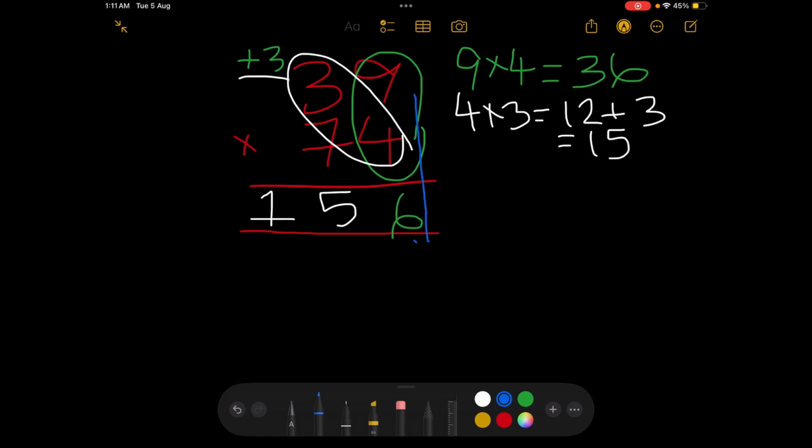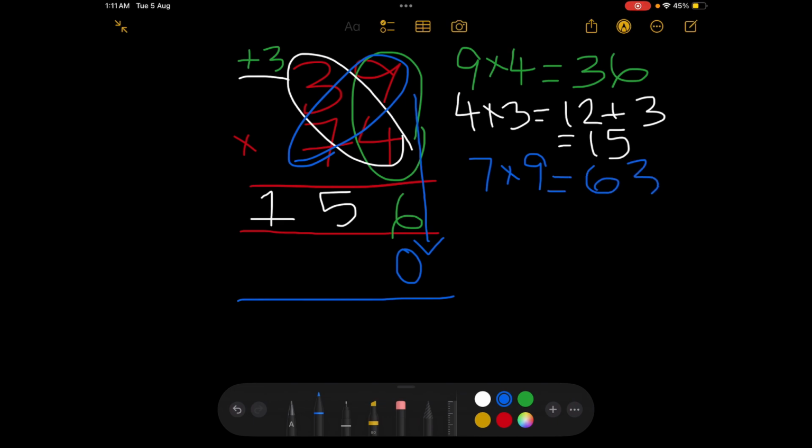Now don't forget to drop the 0 down. So we don't need to use that column anymore, except to multiply the 7 by the 9. So now we're going to do 7 times 9, which is 9, 18, 27, 36, 45, 54, 63. 63, so we'll bring the 3, and then we'll get rid of that.